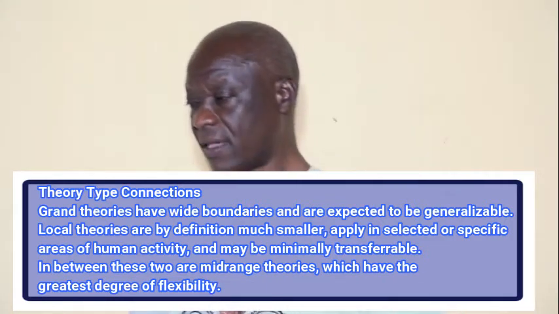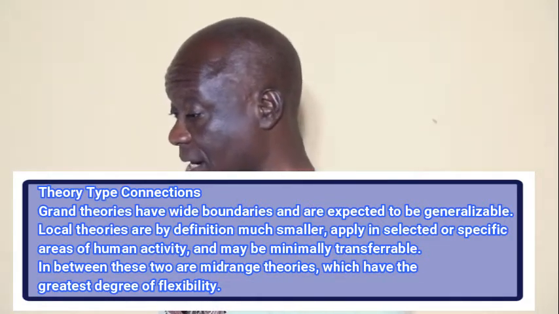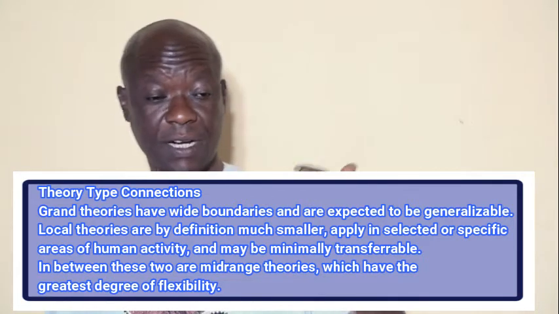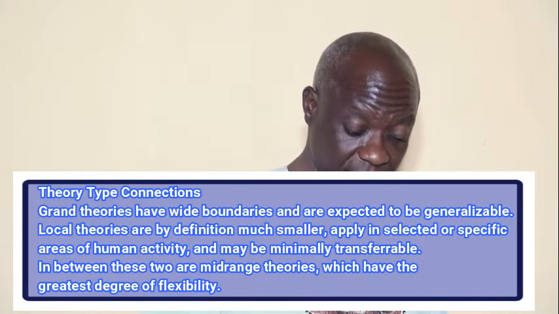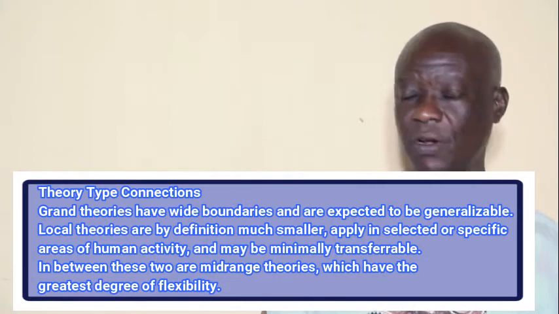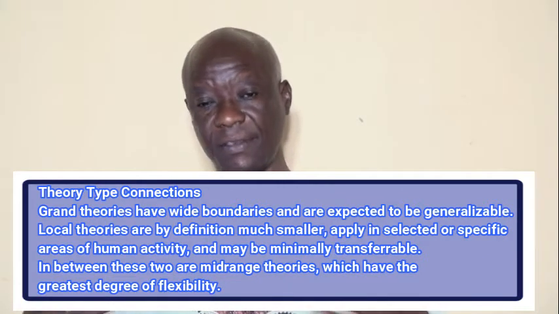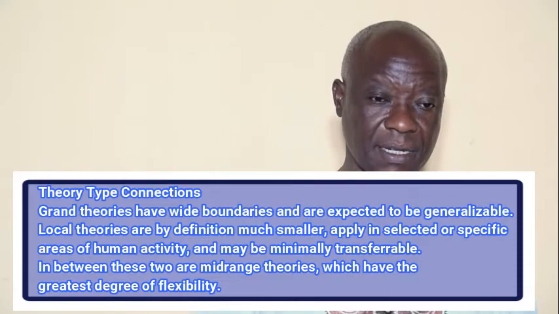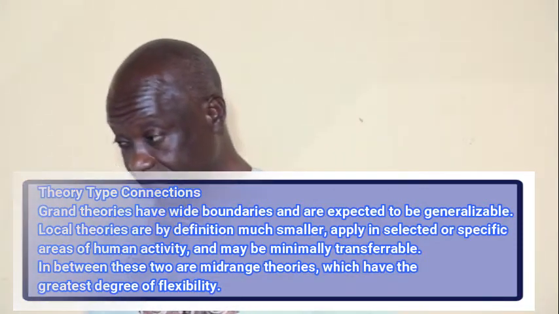So with the flexibility comes the responsibility for clarifying decisions in the theory building process and providing a logical connection among a theory's varying elements. And of course, these will be discussed later on. So, when we are dealing with theory building, we must certainly try to understand a theory framework, right? And we must have a theory framework.